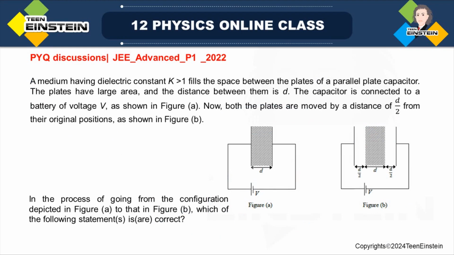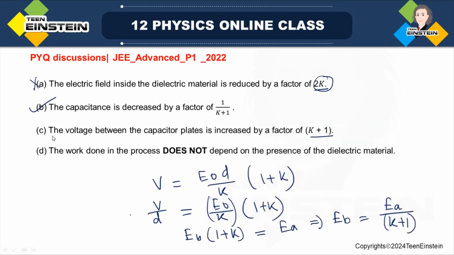In this case, the plates of the capacitor are biased by a battery of constant voltage V. Therefore, the potential difference between these plates will always be V. It cannot exceed V. Therefore, in this case also the potential difference will be V only. So the third option is not correct.